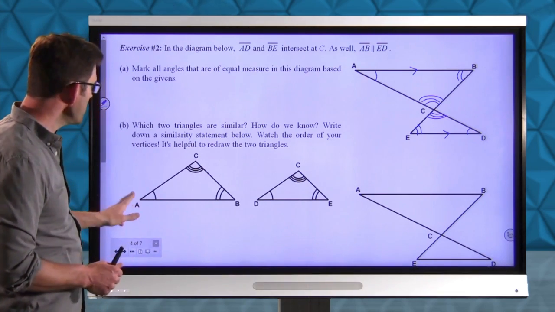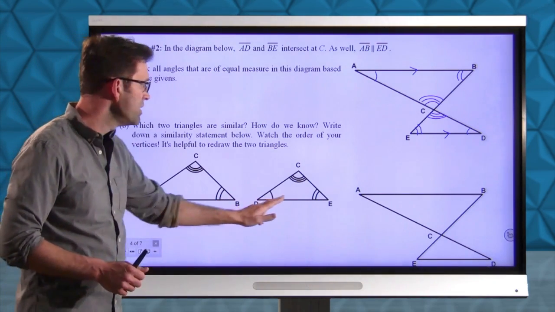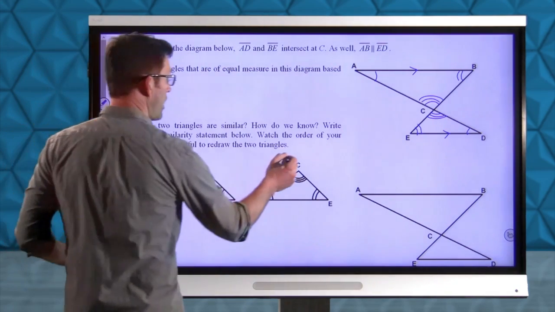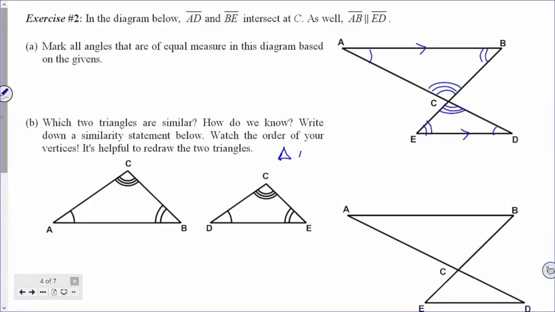But what I see is that A corresponds to D, B corresponds to E, and C corresponds to C. So I can say that triangle ABC is similar to triangle DEC by the angle theorem.